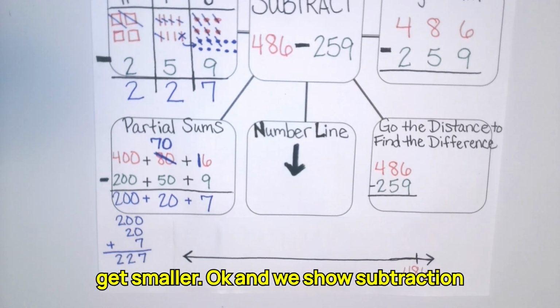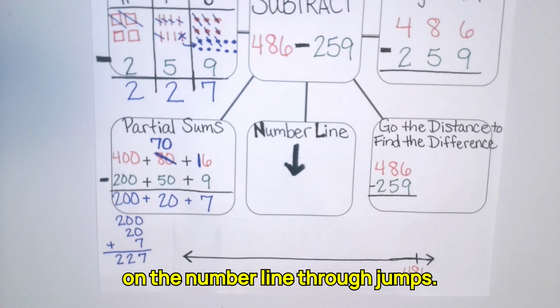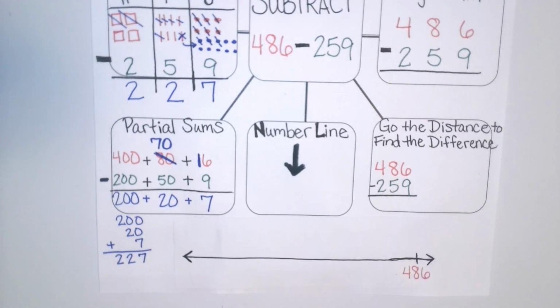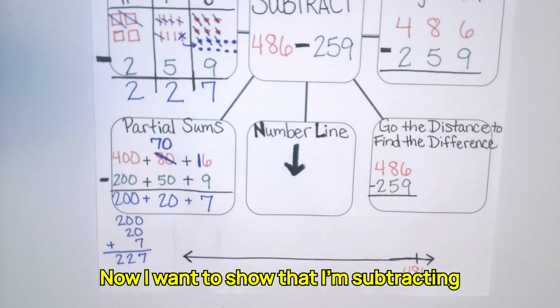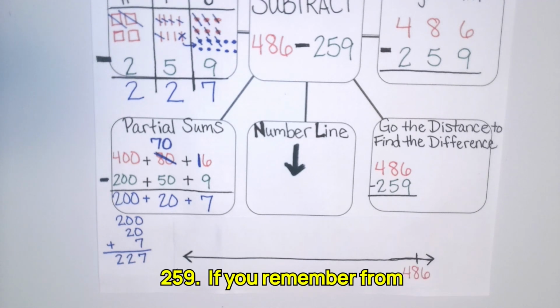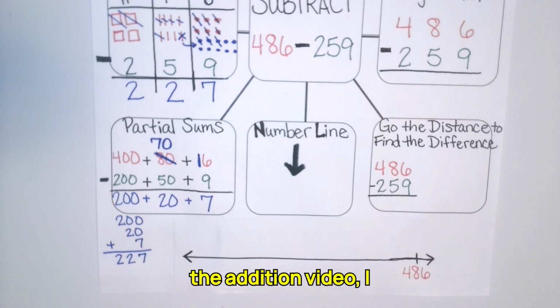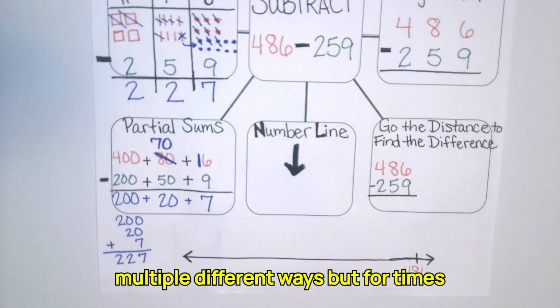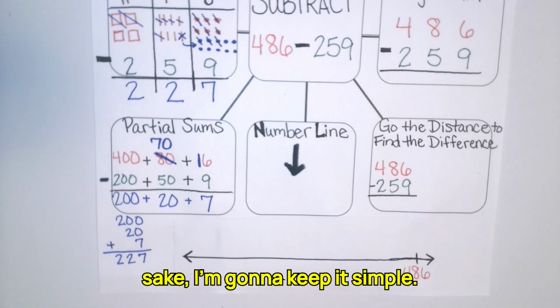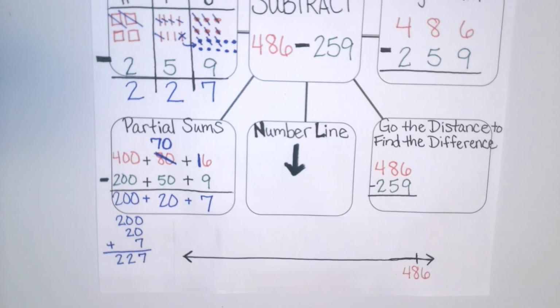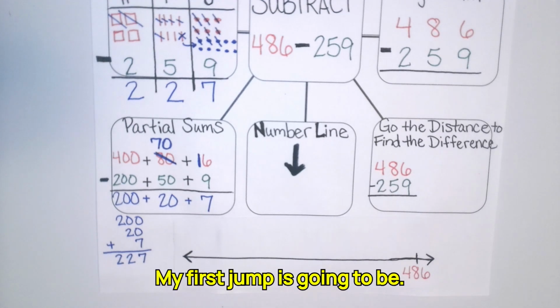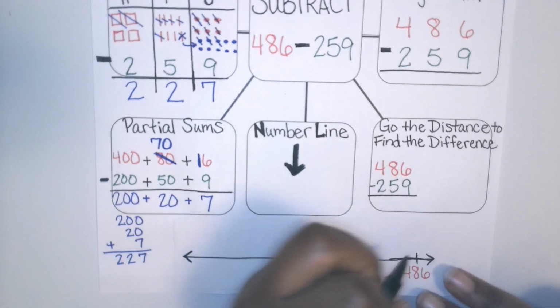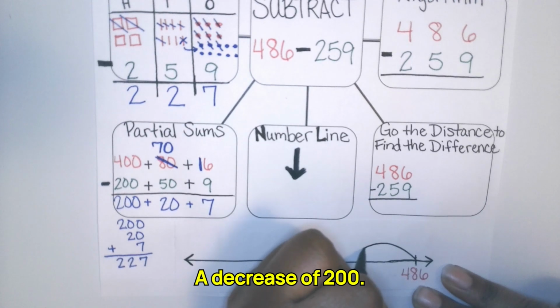Can we show subtraction on the number line through jumps? Now, I want to show that I'm subtracting 259. If you remember from the addition video, I could decompose this 259 in multiple different ways, but for time's sake, I'm going to keep it simple. My first jump is going to be a decrease of 200.